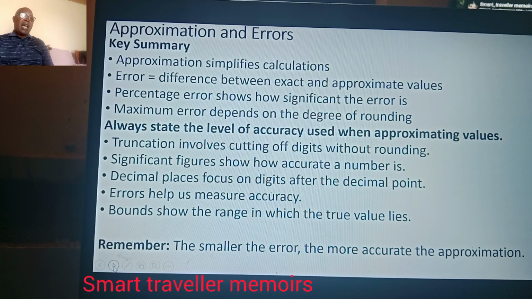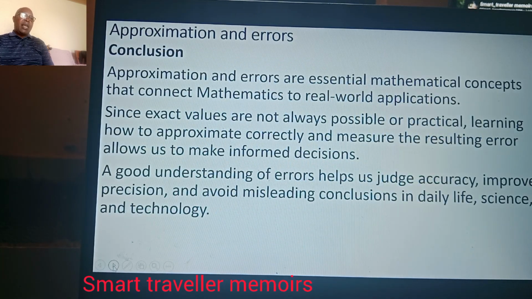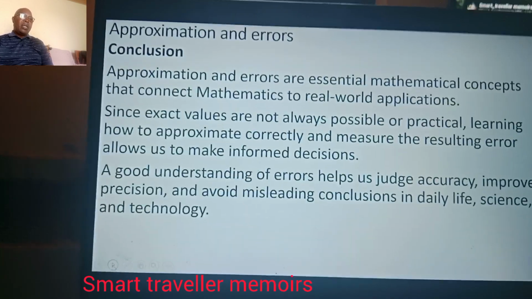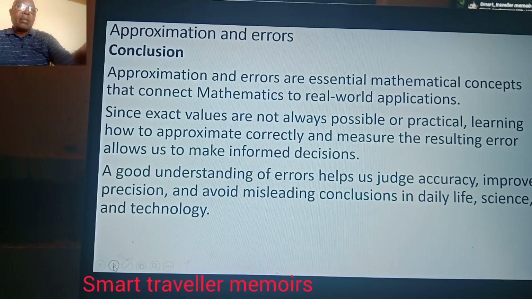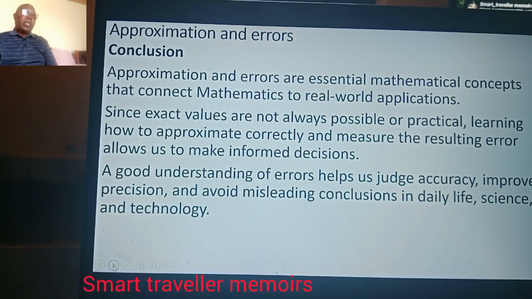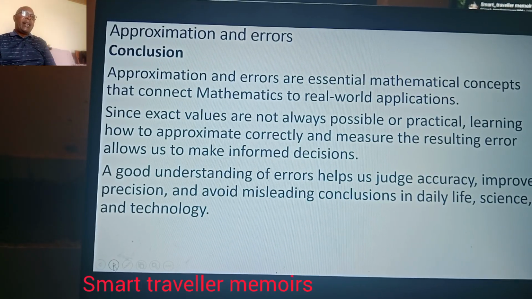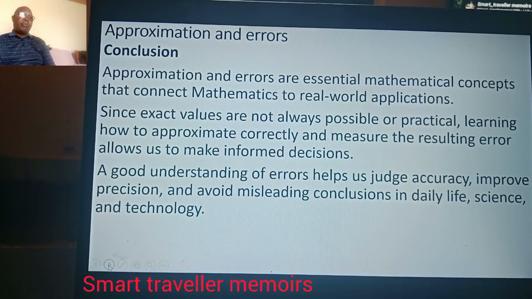Errors help us measure accuracy. Bounds show the range in which the true value lies. Remember, the smaller the error, the more accurate the approximation. In conclusion, approximation and errors are essential mathematical concepts that connect mathematics to real-world applications.